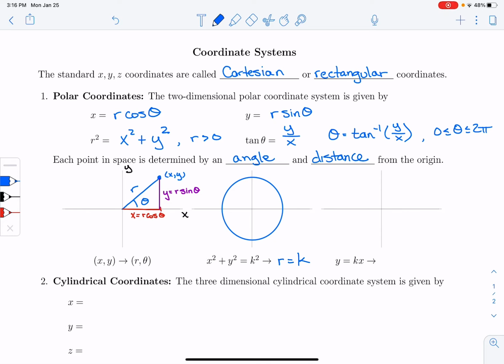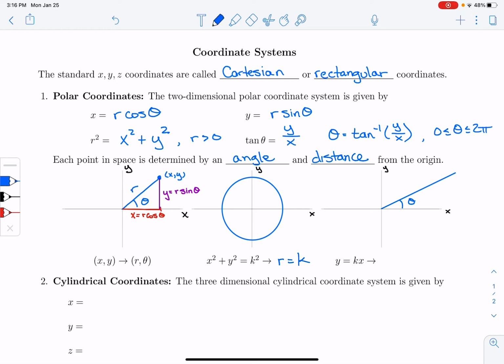Now, what about a line? Suppose I wanted to describe a line. This is actually a half line that goes from the origin out. Well, in this case, we can describe that as all the points that are at a constant angle theta from the x-axis. So we can write that as theta being constant.